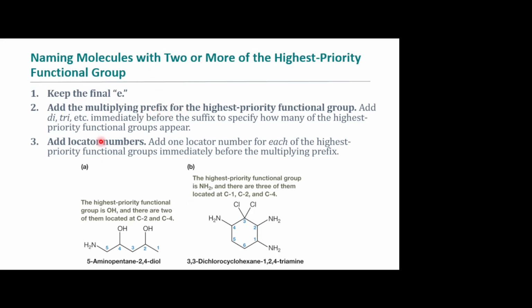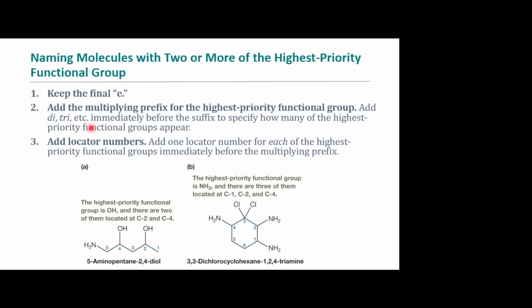Now, notice that if you add a di, tri, tetra, whatever, they're not vowels. Okay? And so they don't cause that problem of you having to say eel. Or ia. Or ei. Which is what would happen if you did ane followed directly by ol, right? You'd have to figure out how to say it.